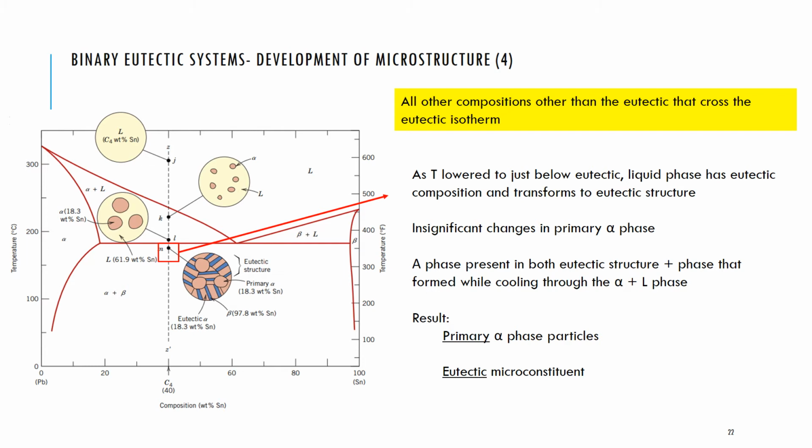So you can see you've got round alpha phases within a eutectic structure. So we call the primary phases the alpha particles, and you've got what we call a eutectic microconstituent.